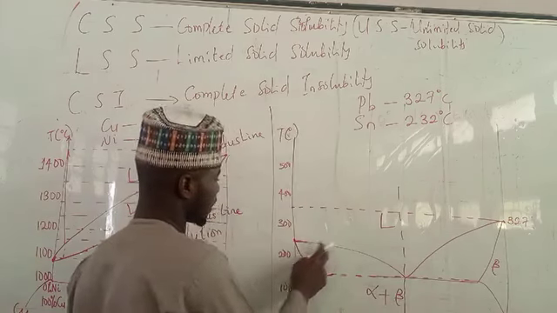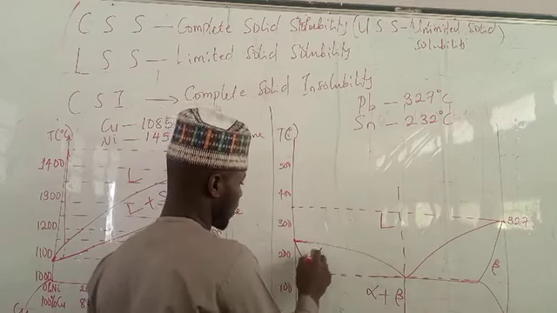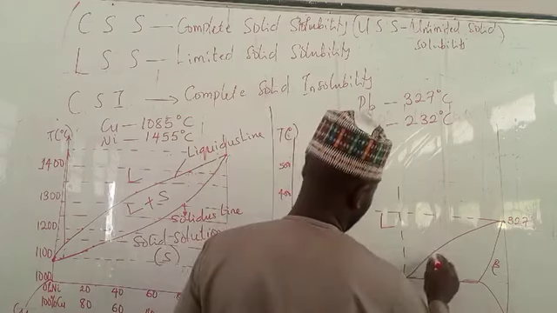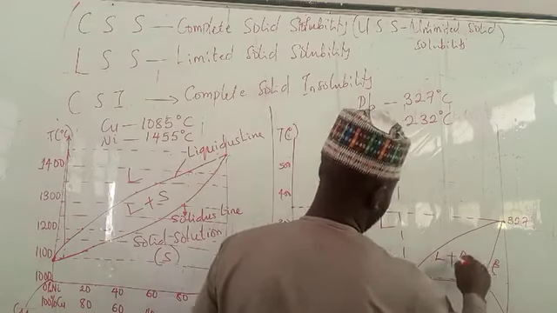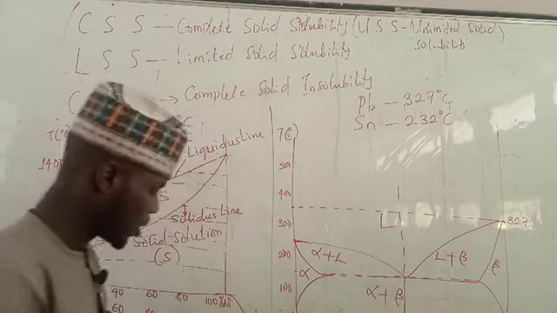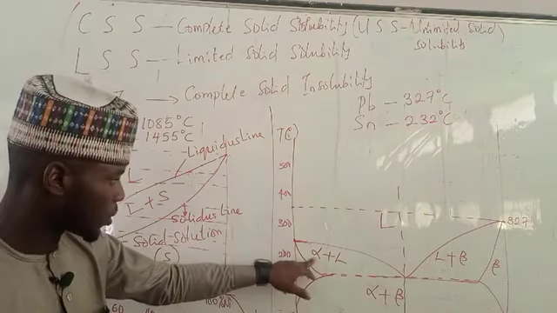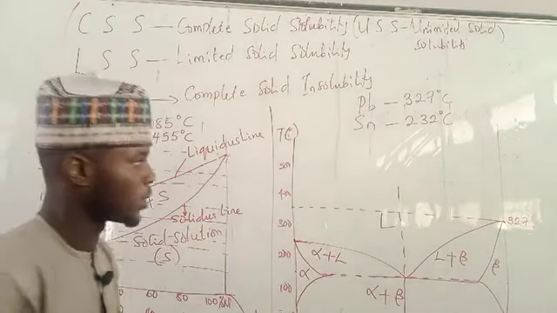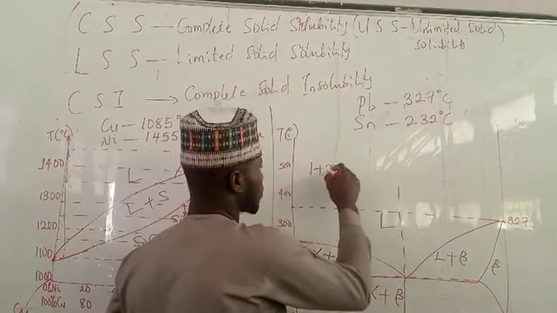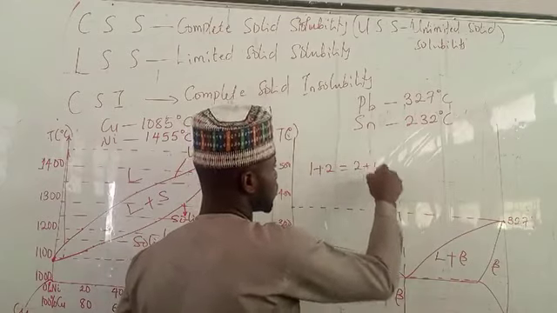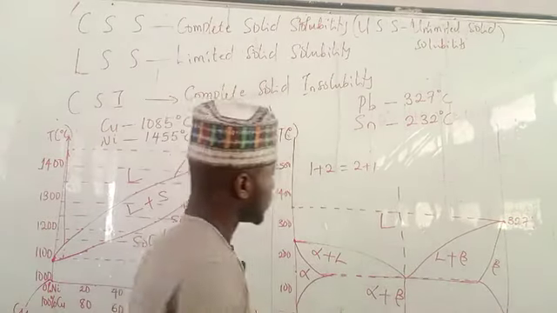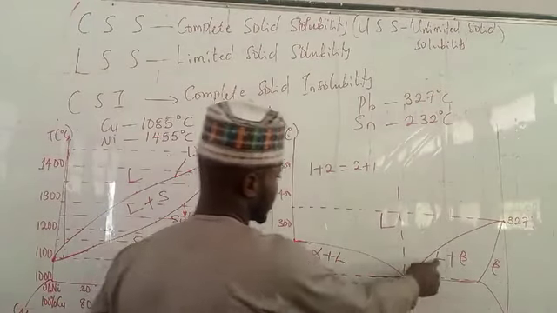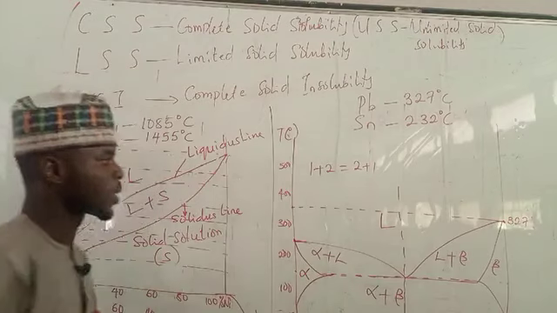This alpha is sharing a boundary with liquid, so we have alpha plus liquid, and then liquid plus beta. You will notice that here I wrote alpha plus liquid, and the other one I wrote liquid plus beta. It is still the same thing. Why? If I say 1 plus 2, this is definitely the same thing as 2 plus 1. So you can write alpha plus liquid the same as liquid plus beta.